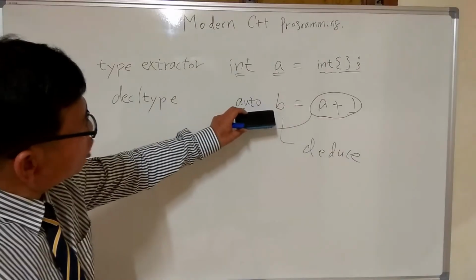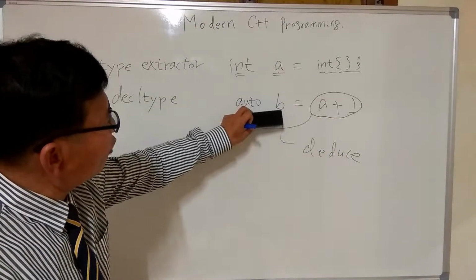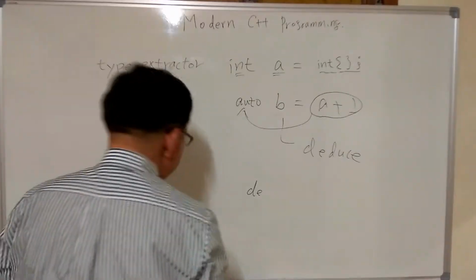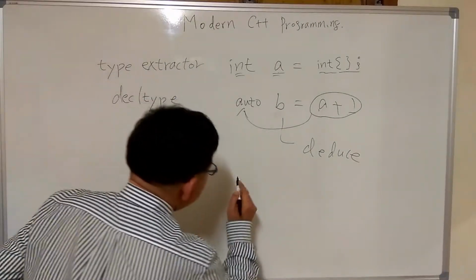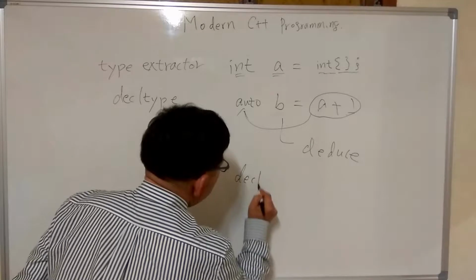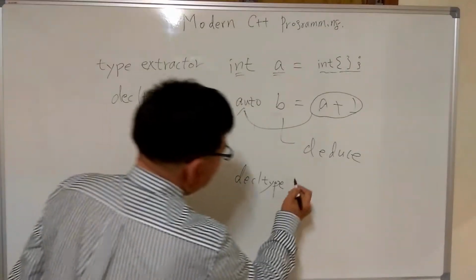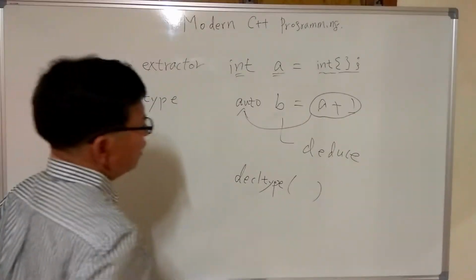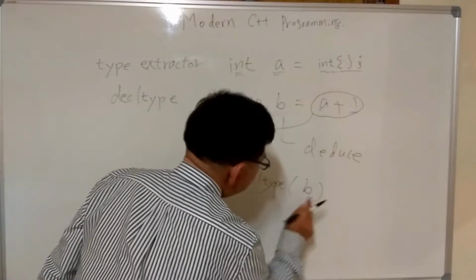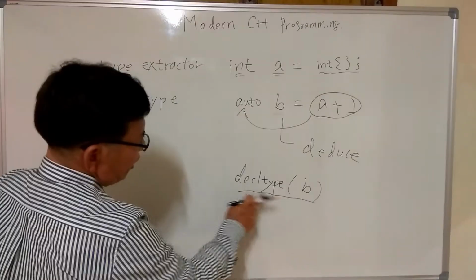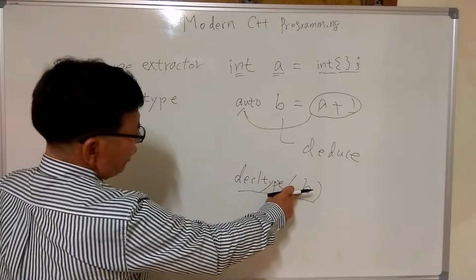If we want to extract the type of b, for example, we can say decltype, then parenthesis b. This means the type of b, the type of variable b.